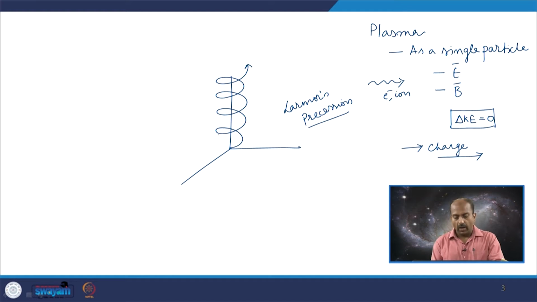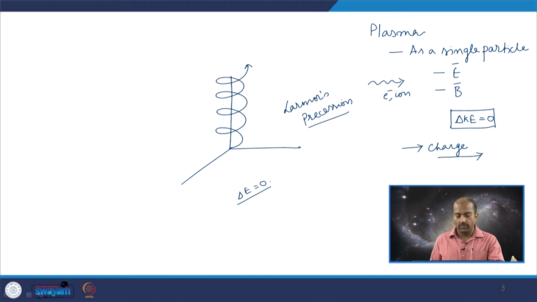Different types of particles, ions and electrons, will gyrate in opposite directions, and the net work done in this picture is 0, that is, the change in energy is 0.